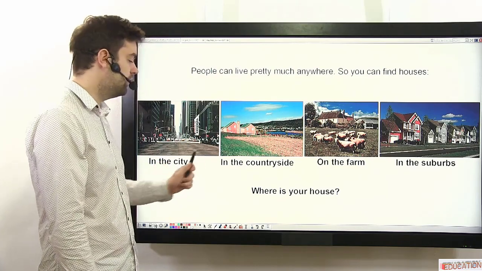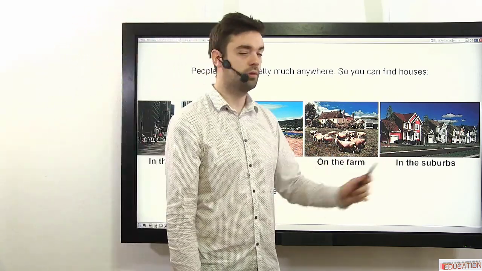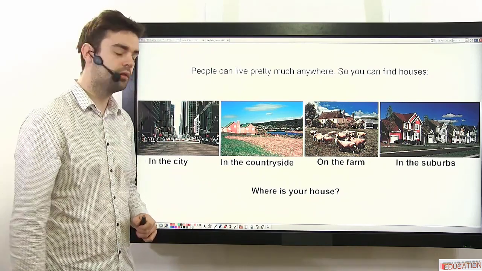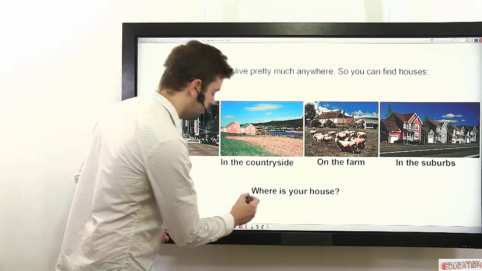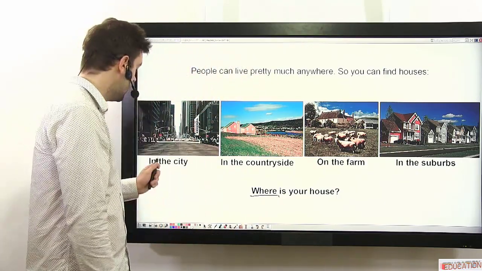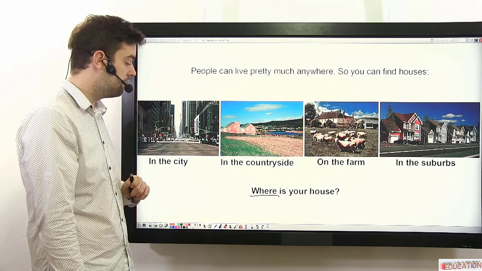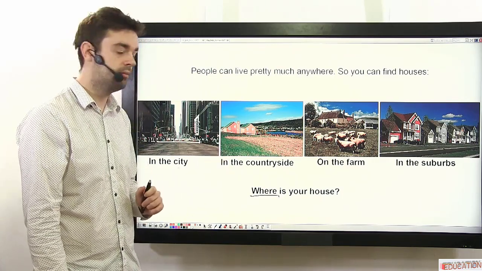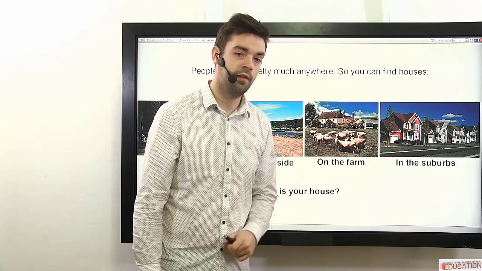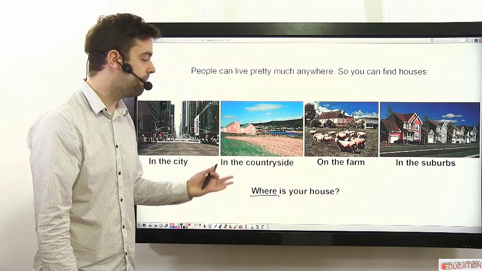So we've got the city, countryside, farm, or suburbs. Where is your house? Is it in the city, in the countryside, on the farm, or in the suburbs?